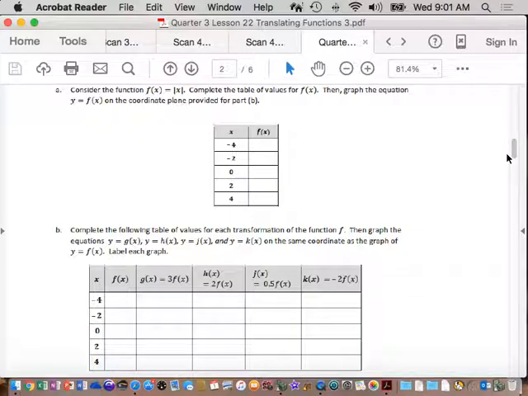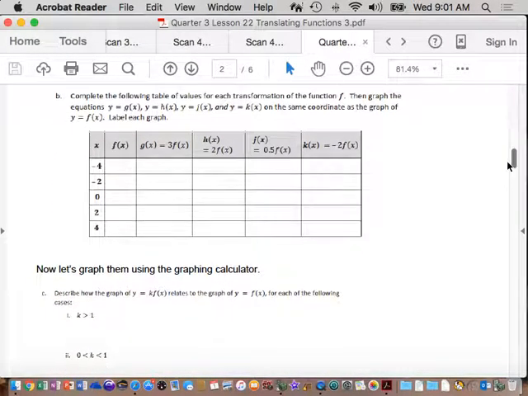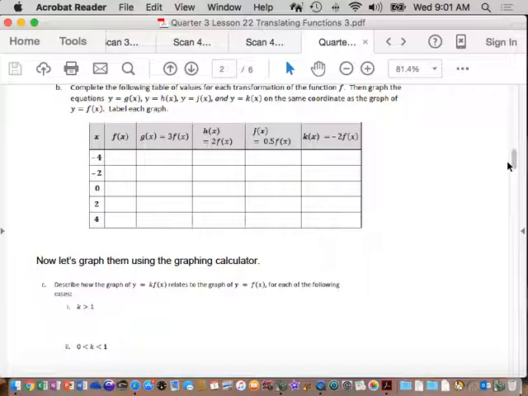Testosterone. Yes. Okay, so the next part, I'm not actually gonna fill out the table with you because we've already begun talking about this. Everybody take a look at the table here, ready? What do you notice about what's happening in each of these transformations? Is there any vertical shift?